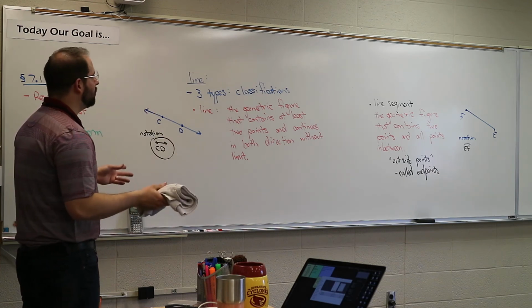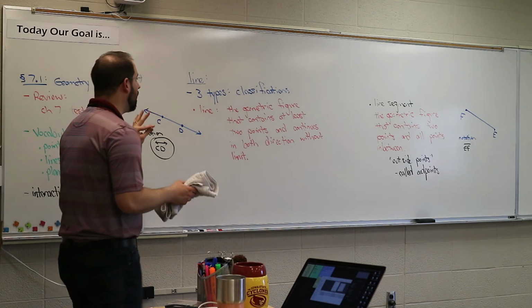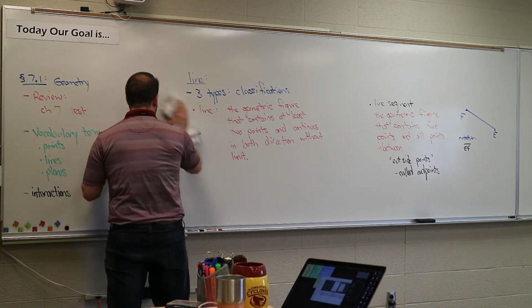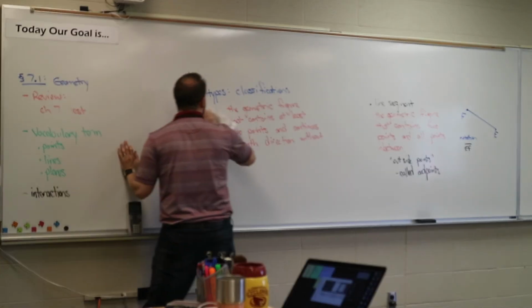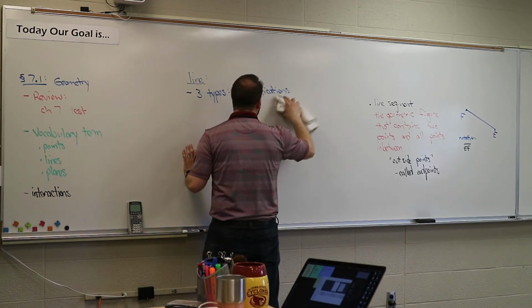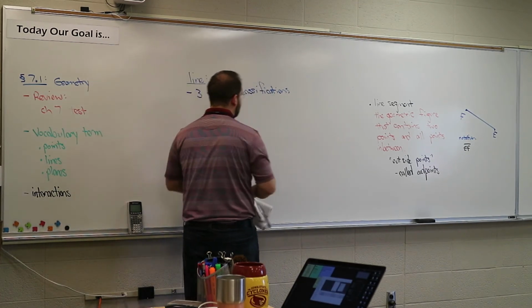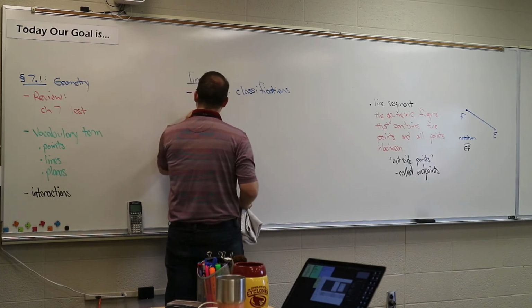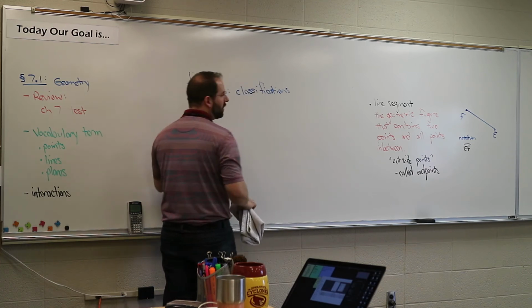Alright, anyways, those are two types of lines. Third line today. Okay, third line. So we've done lines, we've done line segments. The last one is called a ray. A ray is a type of line.